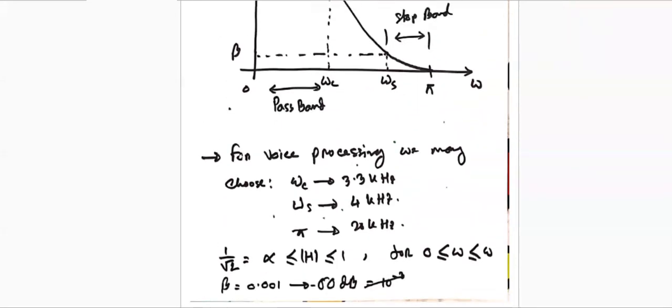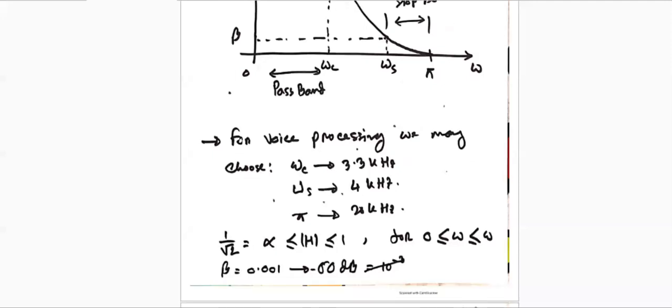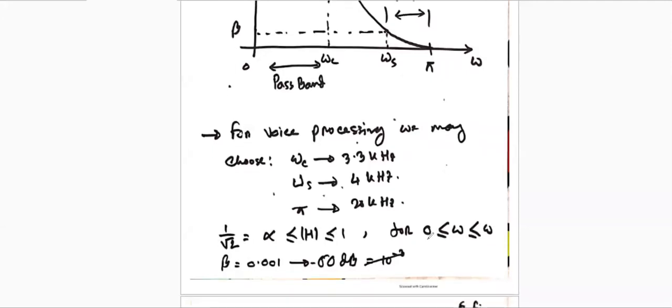And again, as I have already mentioned, from 0 to omega c, the frequency band, what would be the amplitude? The amplitude would be between 1 and alpha, where alpha is 1 divided by √2.